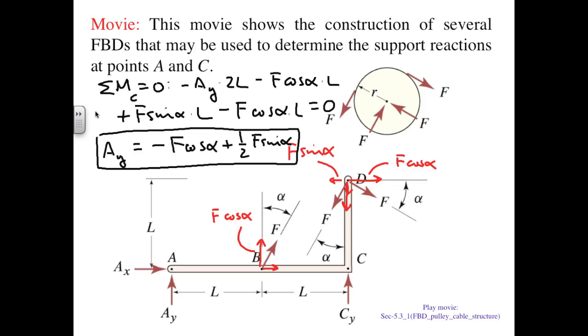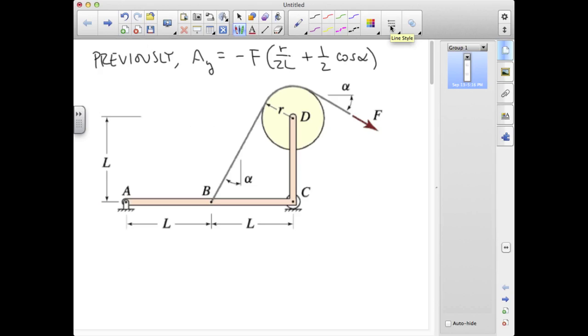So let's go back to our original figure. Let's now examine this geometry a little bit more carefully. The hypotenuse of this triangle from B to D is L times the square root 2, because we can see that we have a right triangle and the lengths BC and CD are both equal to L. So these angles here are both 45 degrees.